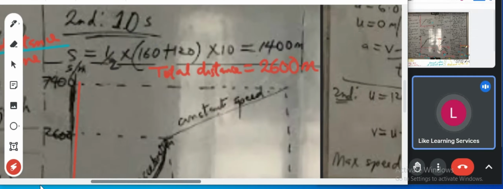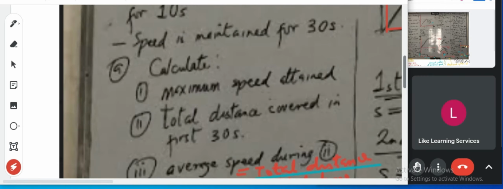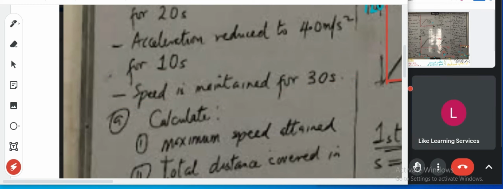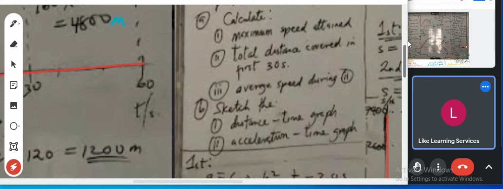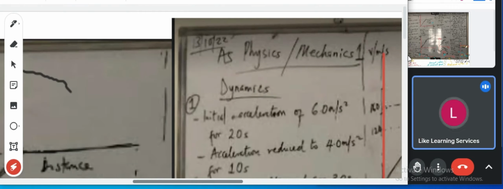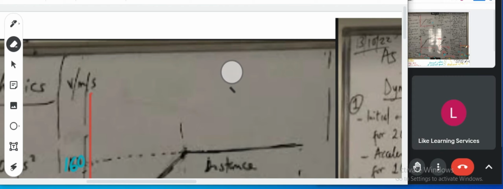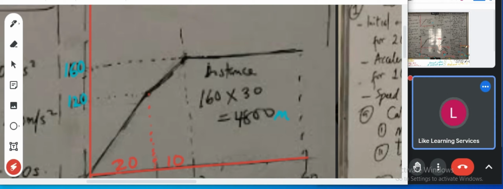By the way, it says the last stage of the journey was just a constant speed, because he maintained this speed for 30 seconds.